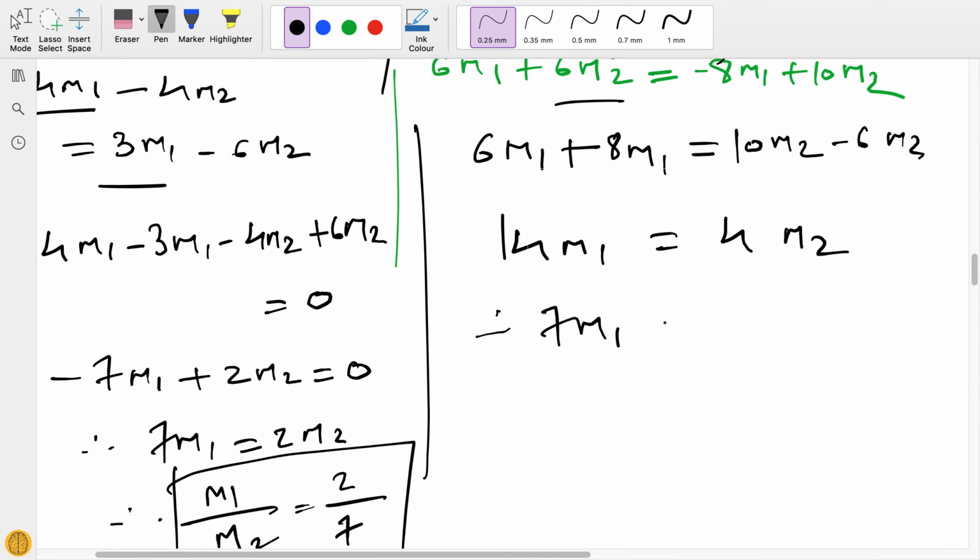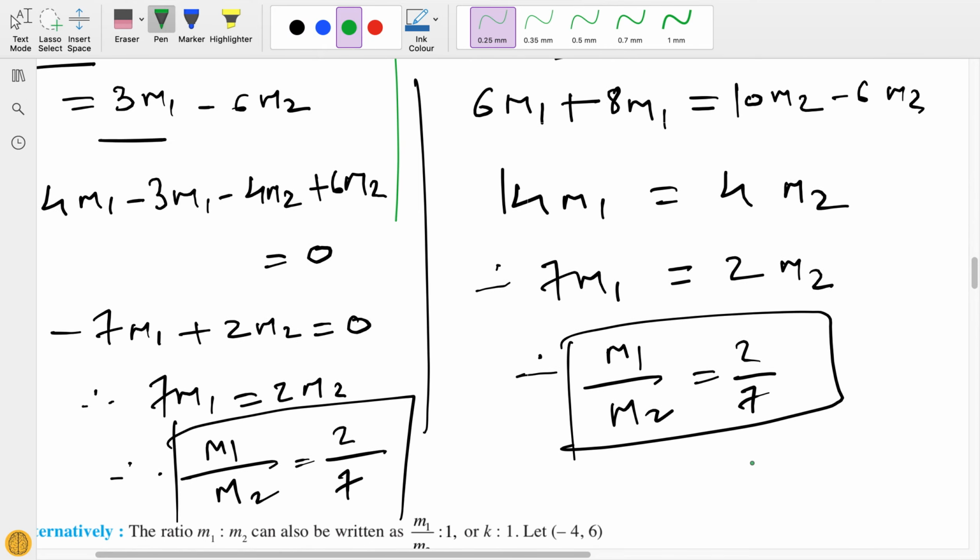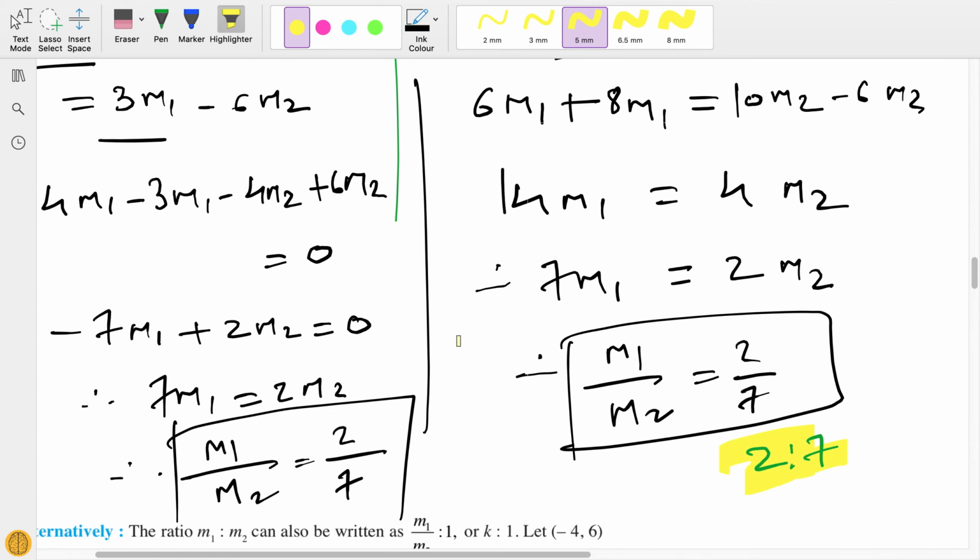Let's divide both sides by 2. 7m1 is equal to 2m2. Again we are getting m1 by m2 is equal to 2 is to 7. So the ratio in which this point divides is 2 is to 7. This is our answer.